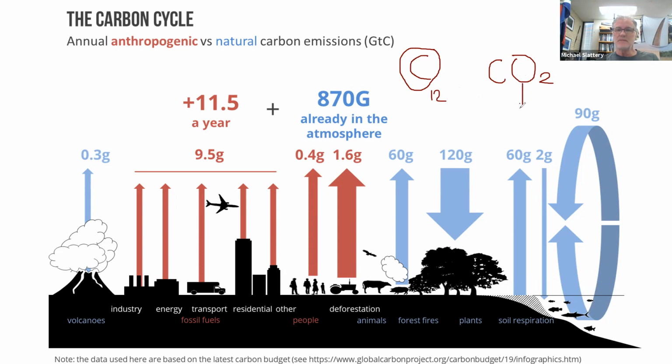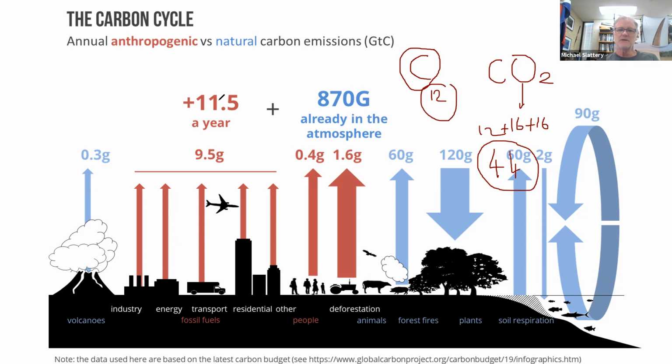Oxygen, the individual oxygen, has an atomic mass of 16, and there are 2 of them. So when we're talking about the atomic mass of CO2, there are 2 oxygens, so that's 16 each, plus 12. So that is 44. 44 is the atomic mass of carbon dioxide. 12 is the atomic mass of just carbon.